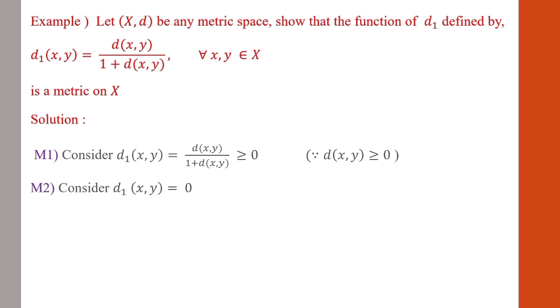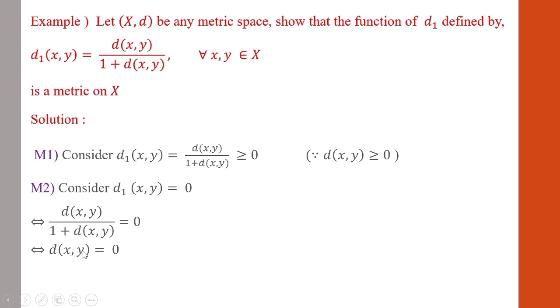Now next is coincidence. For that, consider d1(x,y) equal to 0. Our aim is to prove that x is equal to y. By definition of d1, we get the value of d1(x,y) is d(x,y) divided by 1 plus d(x,y), which is equal to 0. Now multiplying 1 plus d(x,y) to both sides, we get d(x,y) equal to 0.